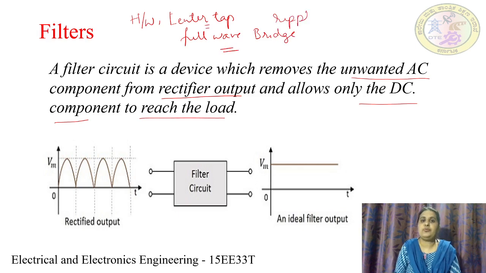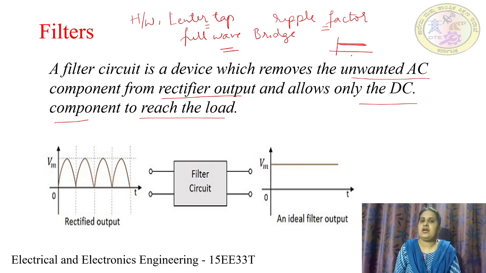So what do you mean by the ripple factor? We mean how much amount of AC is present inside the output of a rectifier, that is in the DC output. Our main intention is to get a smooth DC, because we are talking of DC. A DC is a voltage which is constant irrespective of the time. It is not changing with time.